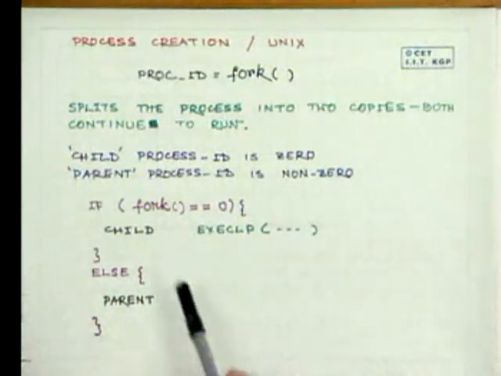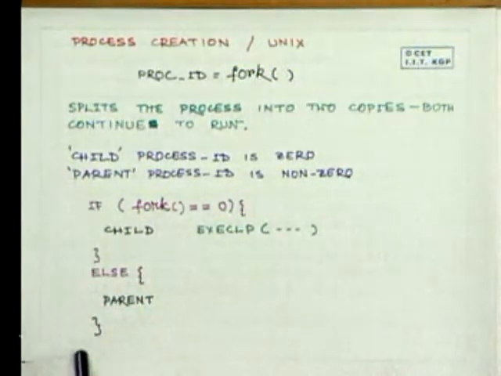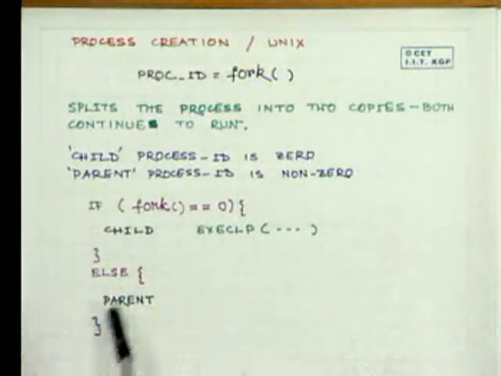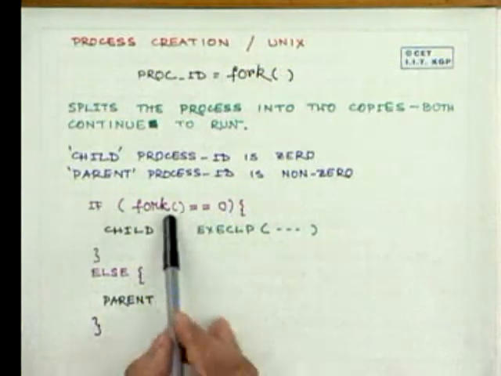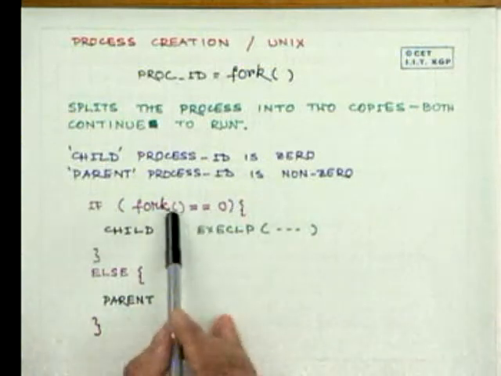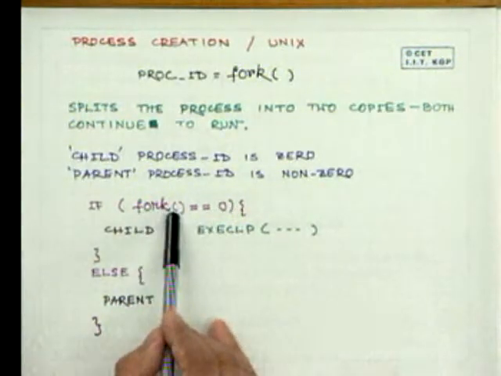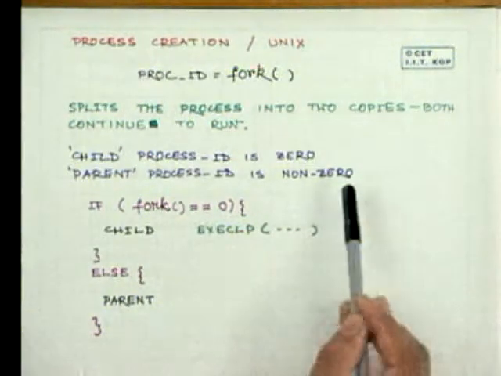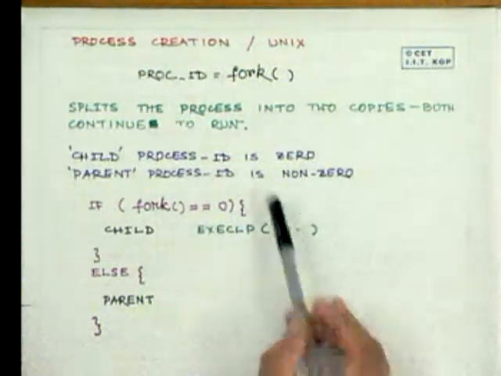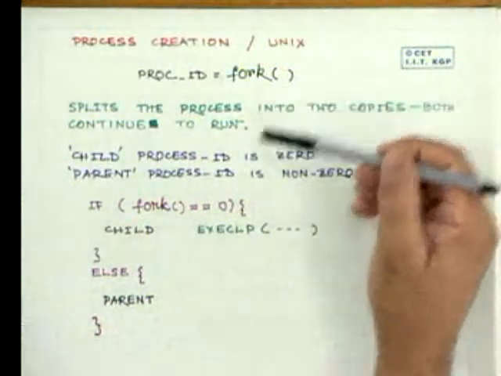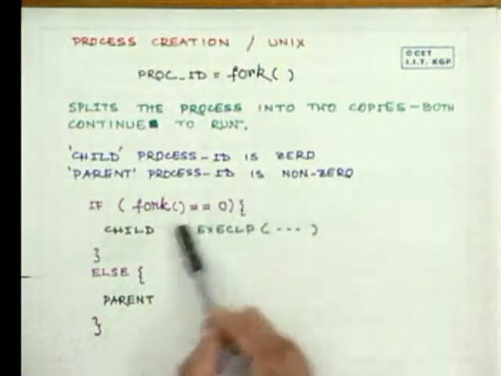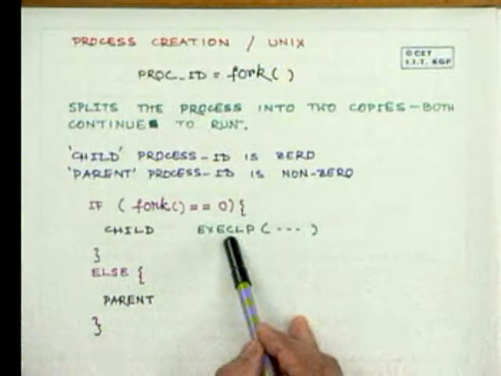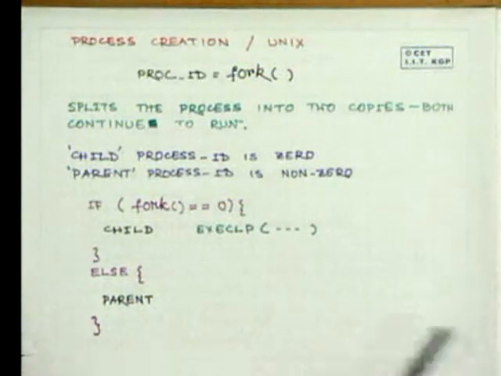Therefore, we can write a program like this, where we have called that fork. As soon as the fork is called, the child and parent processes are created. The child is a copy of the parent and both of them start running simultaneously from this point.